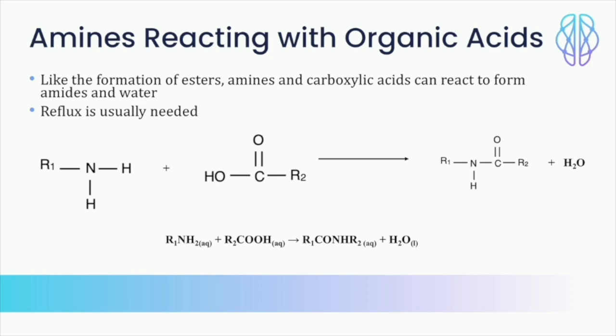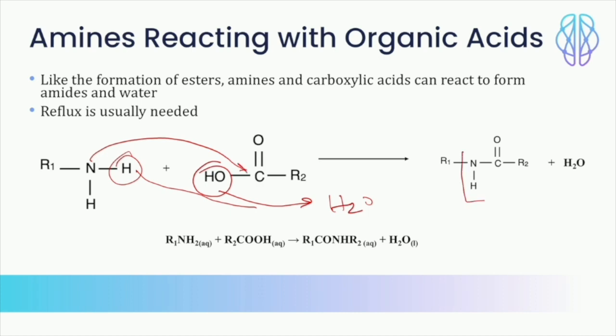Essentially very similar to the reactions of carboxylic acids and alcohols, the amine group and the OH part of the carboxylic group combine in the right geometry. The H and the OH leave as water, and thus you get a nice amide linkage with the nitrogen bonding here.